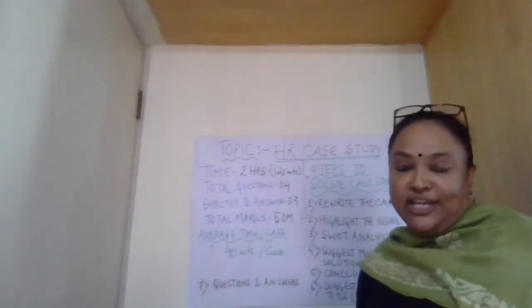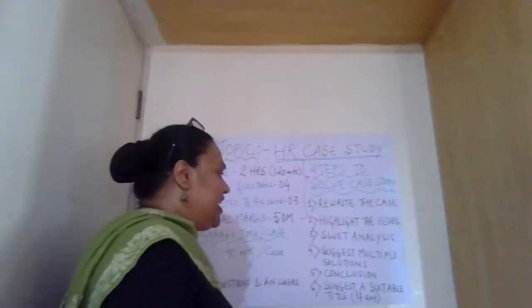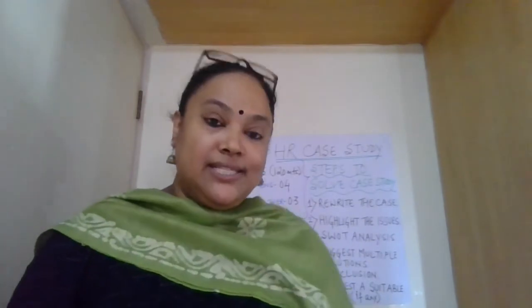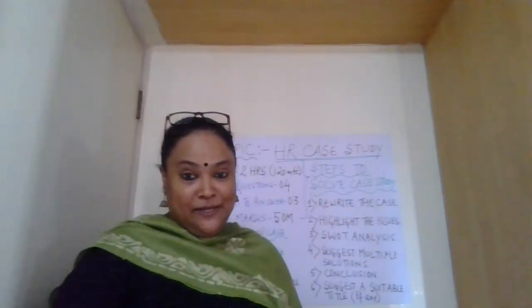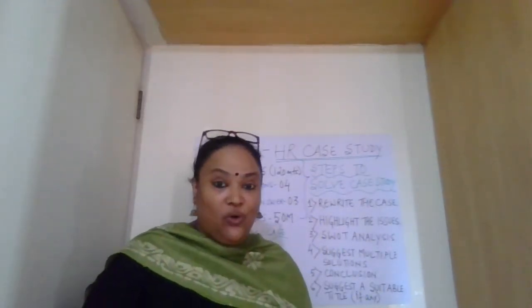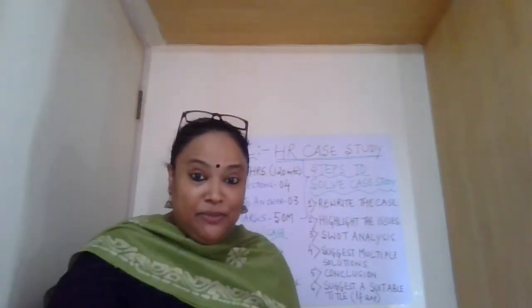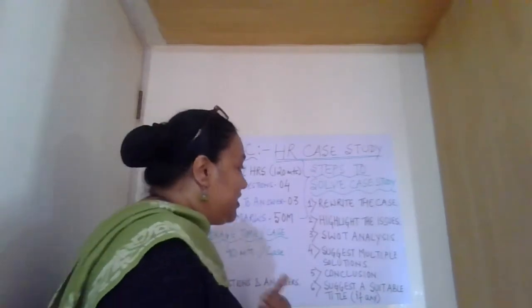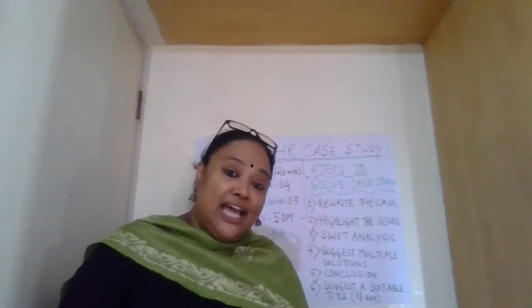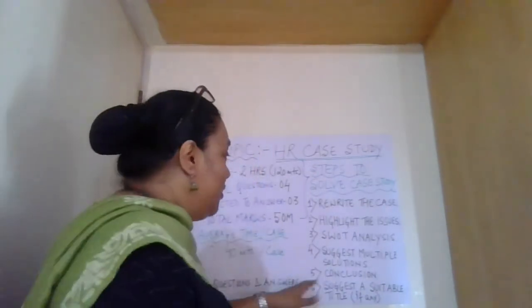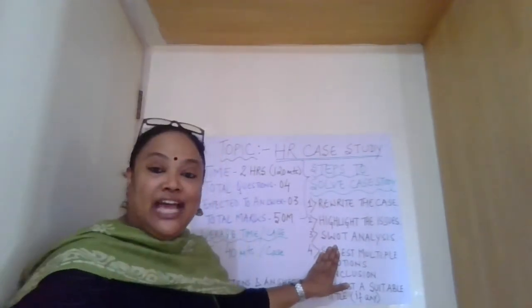Now in the question section, most of the time it is seen that the very first question asked is analyze the case. In such a scenario, you need not worry about the loss of time. You already know that under analyze the case, you have already attempted the SWOT analysis.